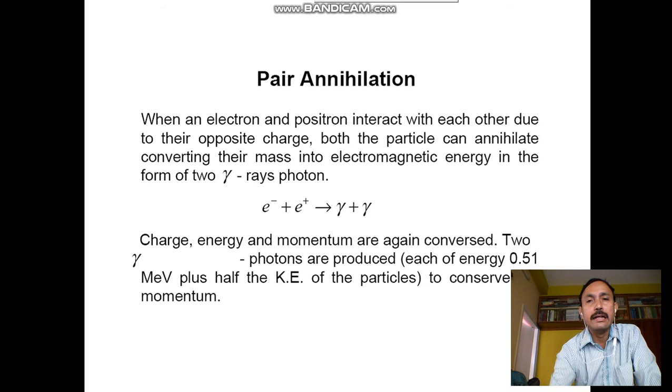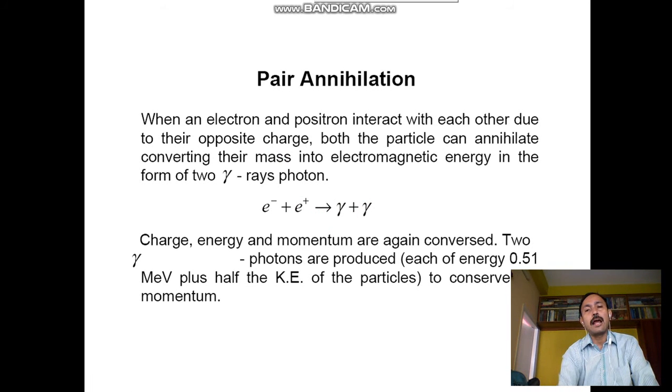Pair annihilation. Annihilation means combination. When an electron and positron interact with each other due to their opposite charges, both particles can annihilate, converting their mass into electromagnetic energy in the form of two gamma ray photons. So these two are annihilating and they will produce two gamma ray photons.